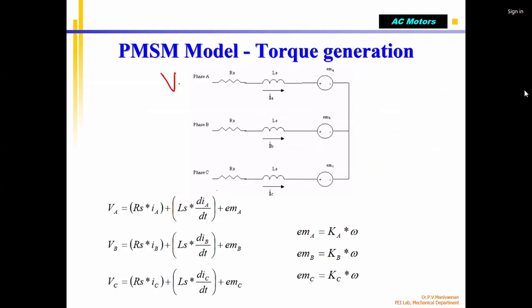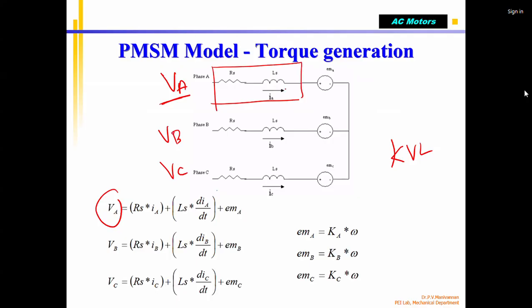That back EMF is also in series with the supplied voltage. Please see that we have applied VA, VB, VC, which is called the input voltage. According to KVL, Kirchhoff's voltage law, the applied voltage equals the voltage drop across the coil due to the current flowing plus the back EMF. So VA should equal Rs times the current IA, which is the voltage across the resistance, plus the inductance multiplied by d by dt of the current, which is the inductive voltage.